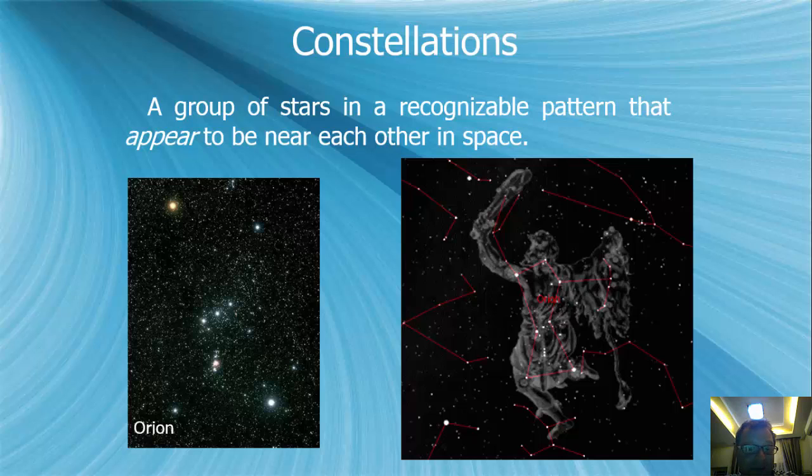Now, some of you may be disappointed to know that just because they appear to be near each other, this is only an appearance. If we think about Orion, we have a number of stars at very different distances. They just have different brightnesses. And in fact, not all of them are stars.